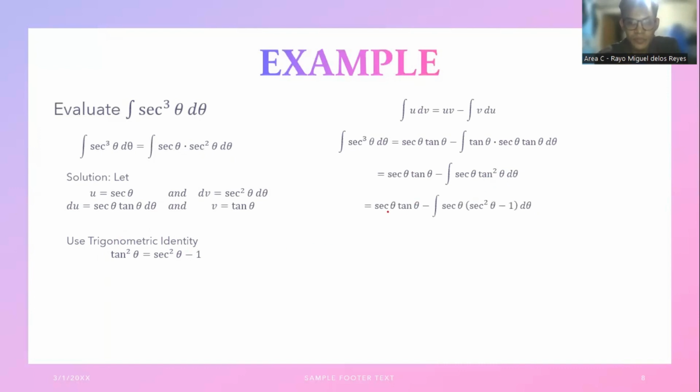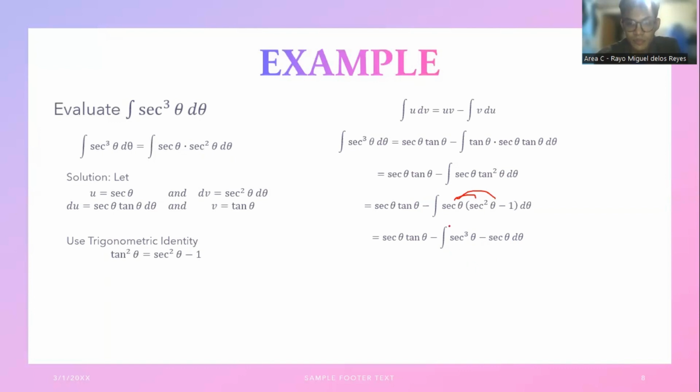So, magiging secant theta tangent theta minus the integral of secant theta times the quantity of secant squared theta minus 1 d theta. And then, distribute lang natin ito. So, ito na siya yung lalabas. Secant theta tangent theta minus the integral of secant cube theta minus secant theta d theta.